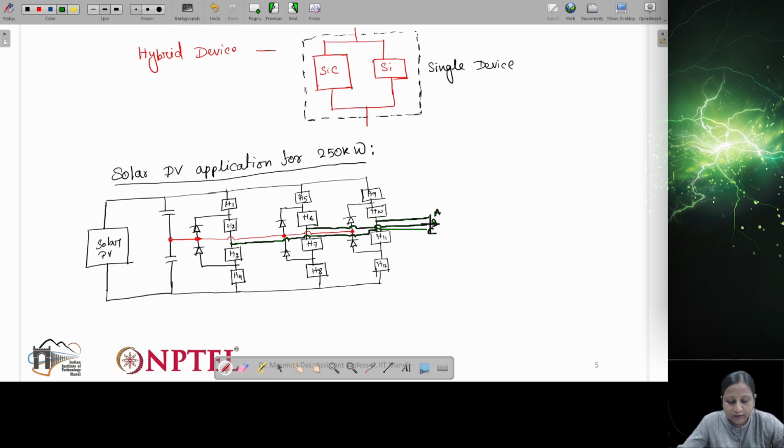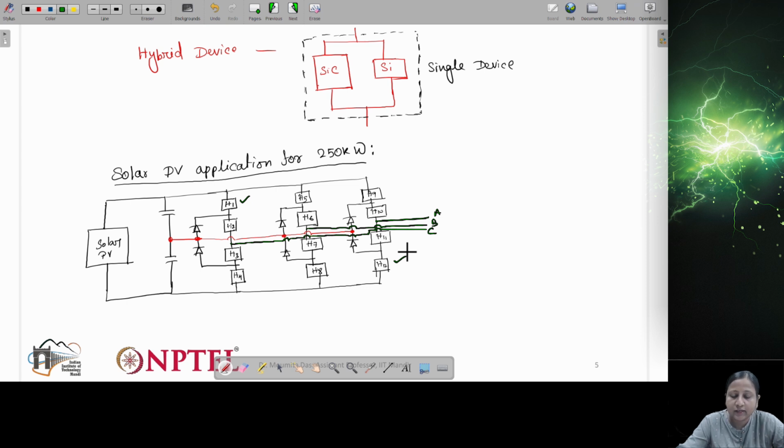So now here you can see there are different modules which I have drawn, H1 to H12. So you can see this is H1, this is H12. Out of these, 12 modules are there. Now for these 12 modules we can consider either a single switch or a hybrid switch.